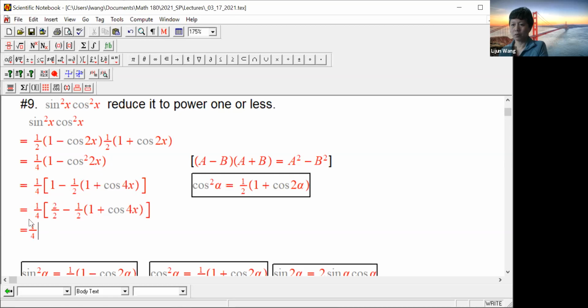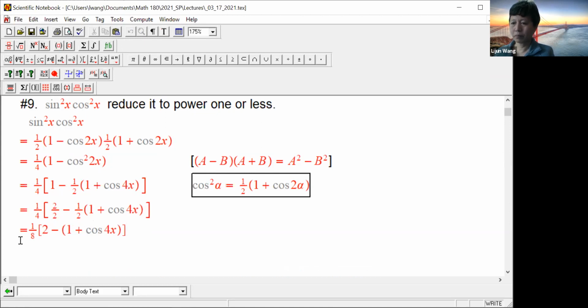Now the quarter becomes what? 1/8. Inside the parentheses, it's just 2 minus what? This guy. If you want to keep the bracket, you could; we just add one more step. You follow me? And then one more step, 1/8.